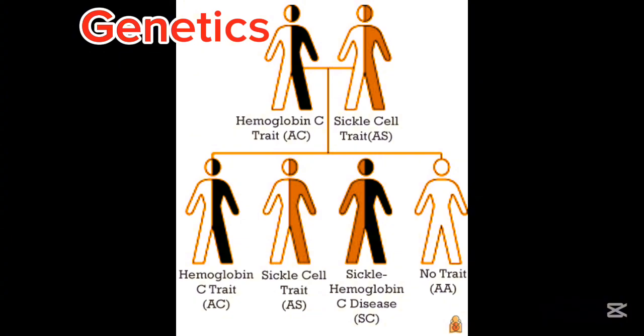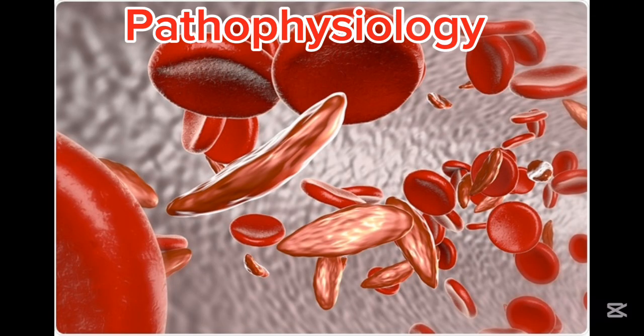So coming to the pathophysiology, we know that there is low oxygen. In low oxygen conditions, HbS will polymerize, making red blood cells rigid and crescent-shaped. So these sickled cells are less flexible, causing blockage in small blood vessels, where we can now have vessel occlusion.